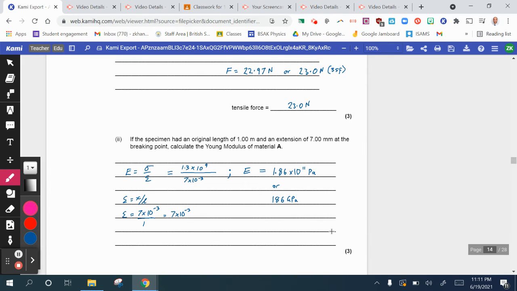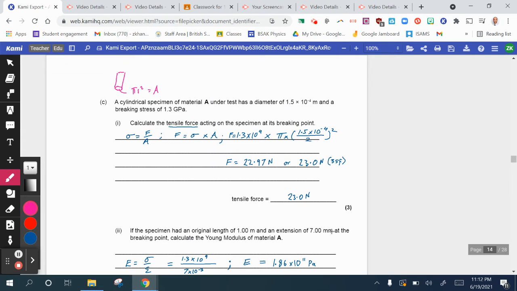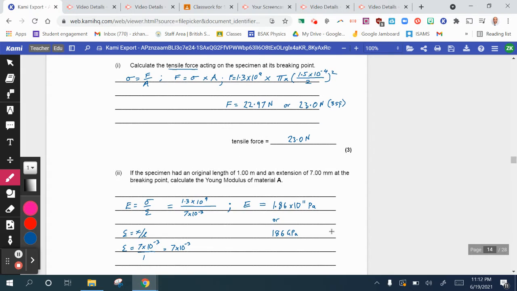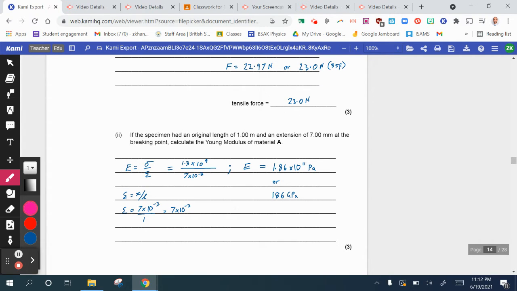It asks for the Young's modulus of this same material. Young's modulus is the stress divided by the strain. At the breaking point that would be the breaking stress, 1.3 gigapascals from earlier in the question, so 1.3 times 10 to the 9.